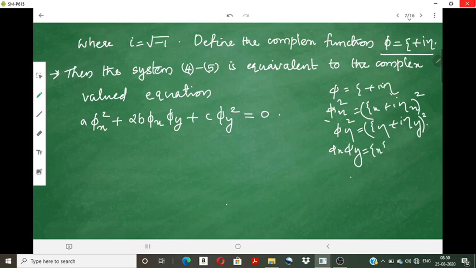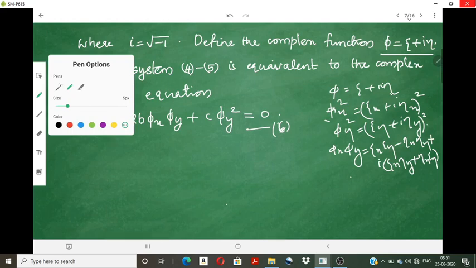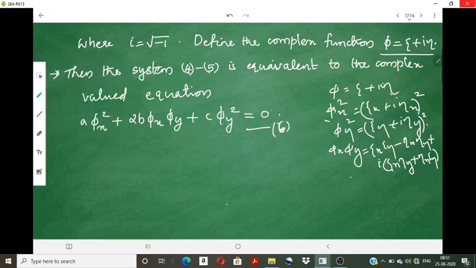So it will be theta x theta y minus eta x eta y plus I into theta x eta y plus eta x theta y. Calculating all this and substituting in equation 6, we can verify that this equation is equivalent to the system of equations 4 and 5. So verify this.